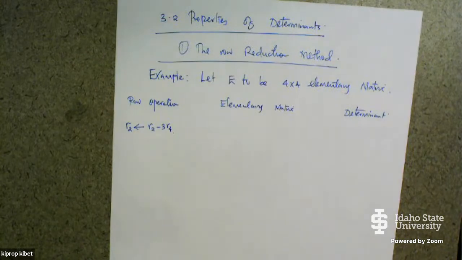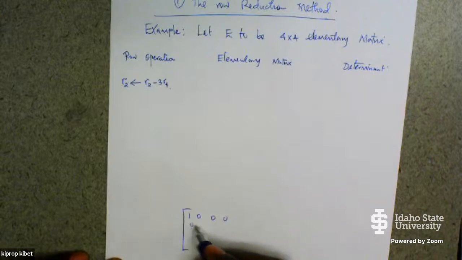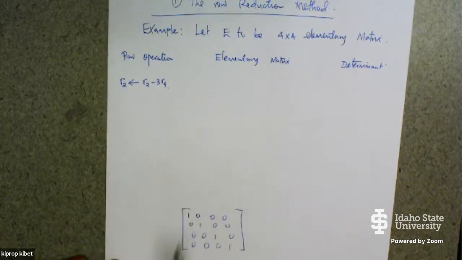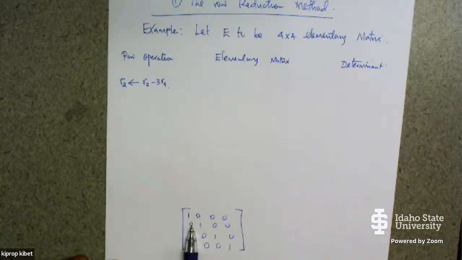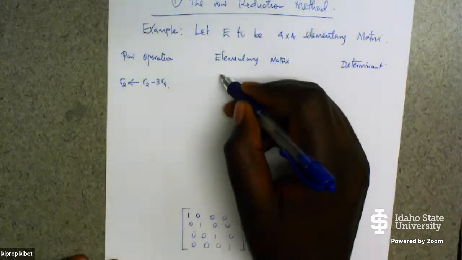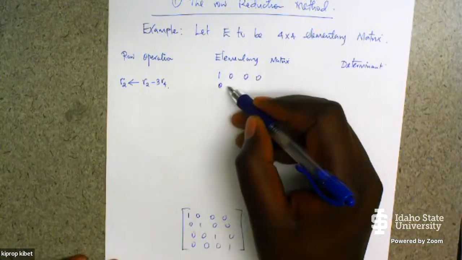We take the identity matrix of a 4x4 matrix, 1, 0, 0, 0, 0, 1, 0, 0, 0, 0, 1, 0, 0, 0, 0, 1.